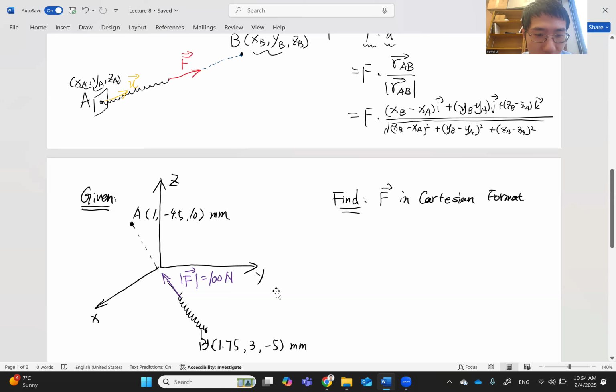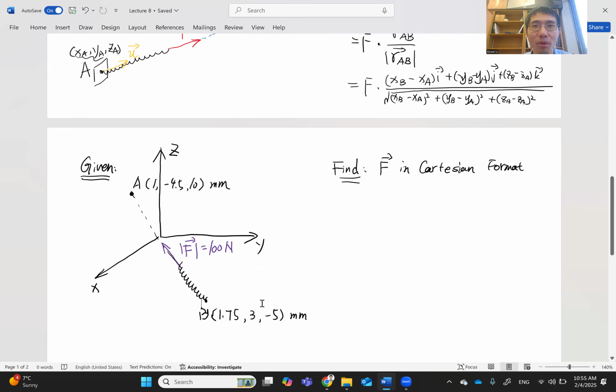Do we know that? Yes, we have the coordinates of B and A. And please note, this time the direction of the force should be defined by a position vector from B to A, so B is the start point and A is the end point here.